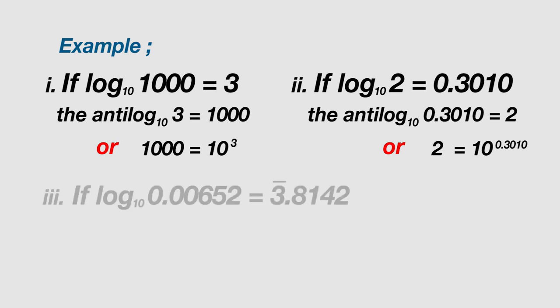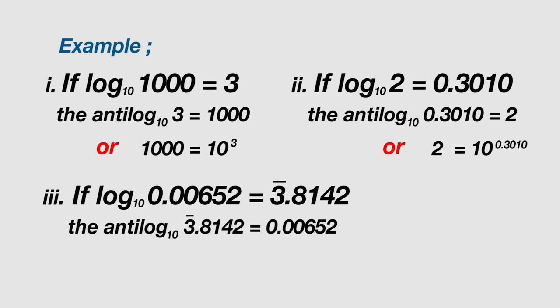Once again, if log base 10 of 0.00652 is equal to bar 3.8142, then the antilog to base 10 of bar 3.8142 is equal to 0.00652. Or 0.00652 is equal to 10 raised to the power bar 3.8142.